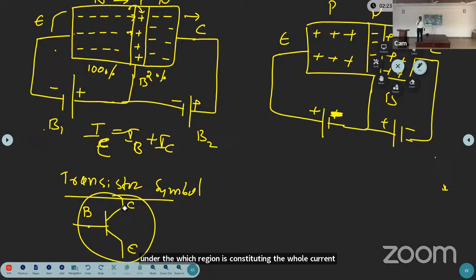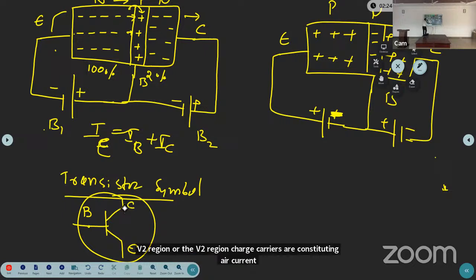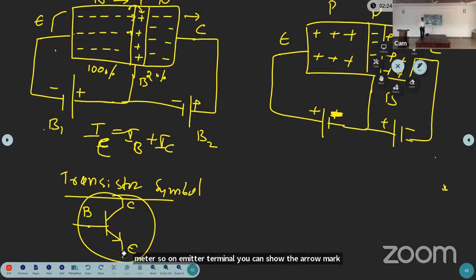Which region's charge carriers constitute the current? Emitter. So on the emitter terminal, you can show the arrow mark. The current is flowing from collector and base to emitter. So this symbol is the NPN transistor symbol.